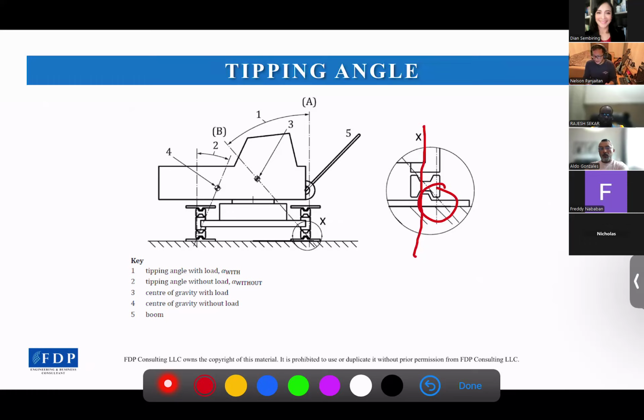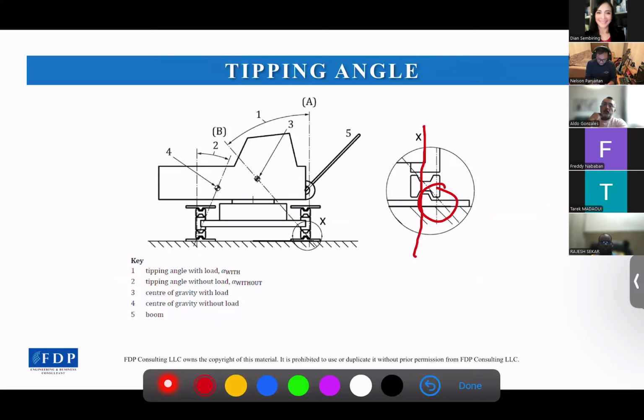If our COG is higher, is it safer or not during the operation? Let's say, for example, we have two COGs here, one here and the second is here.